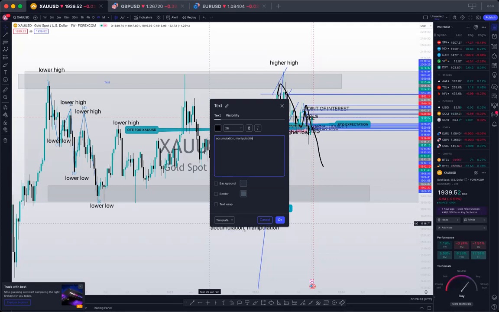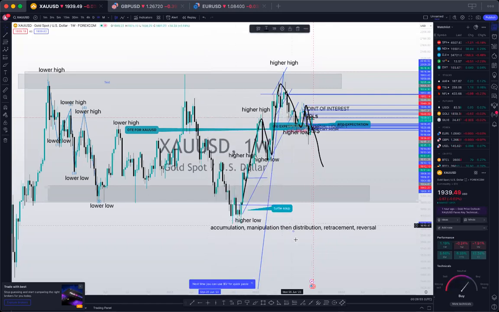Manipulation will tend to do a false breakout, then distribution. You understand? Then retracement. Then what? Reversal. Know these things.